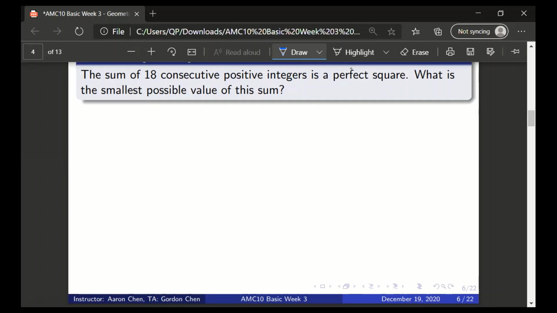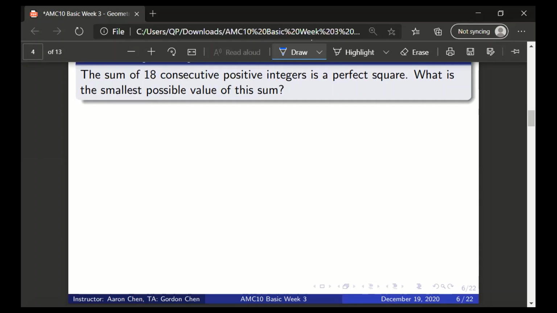All right, I'll start going over this now. So the sum of 18 consecutive positive integers is a perfect square, and we want to find the minimum possible value of the sum. Since we're given that they're positive, using their average as a variable is not always the best idea because it's harder to tell when all numbers are actually positive.